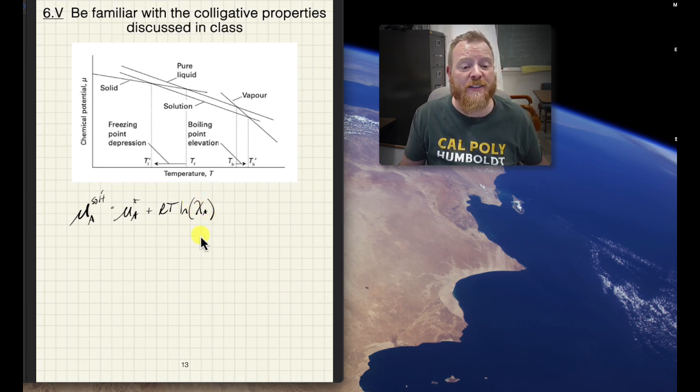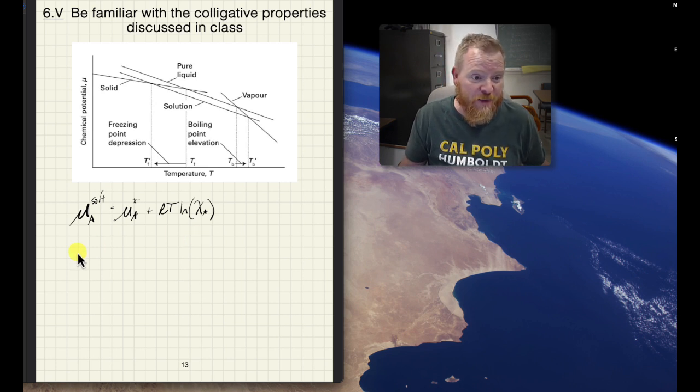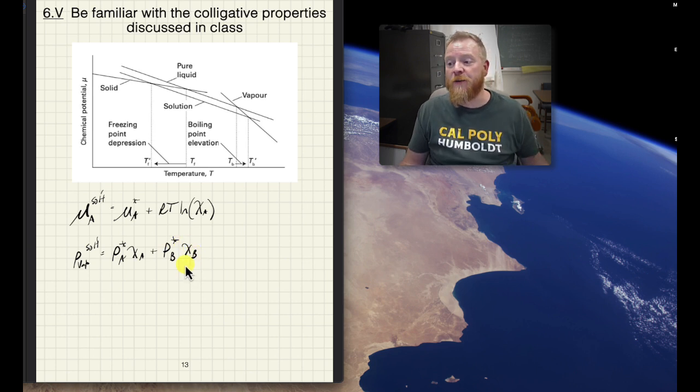And of course, this is assuming that it follows ideal solution behavior, right? Which would say P vap of the solution equals the vapor pressure of pure A times the mole fraction of A plus the vapor pressure of pure B times the mole fraction of B.